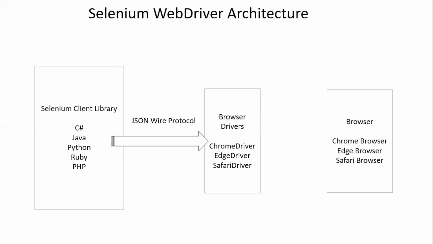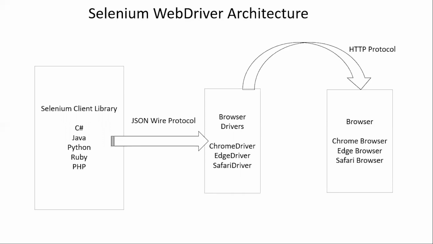Whatever method you call, let's say you want to invoke a browser and navigate to a particular URL, you will call the driver.get method. This .get method is written in Java. The request is sent in JSON format via the protocol to your executable file, and then your executable file sends an HTTP request to your browser.